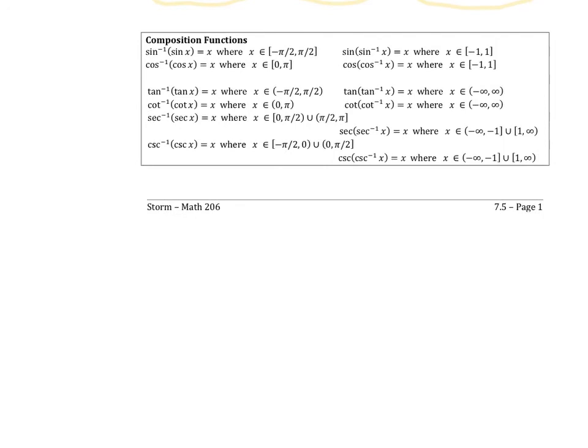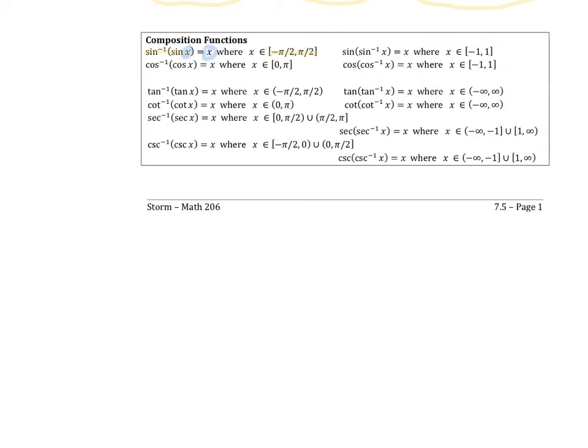So we also have, with our trig functions, what we call the canceling property. And the canceling property says that if you put in x values from negative pi over 2 to pi over 2, and you're composing sine inverse with sine, then they cancel. And what you put in is what you get back out. Okay?